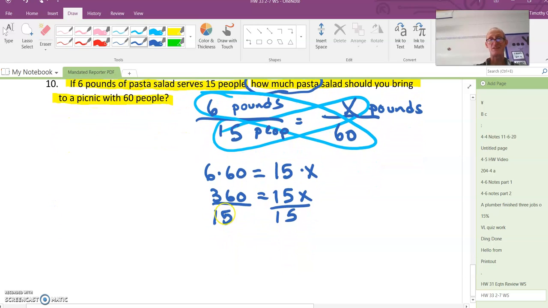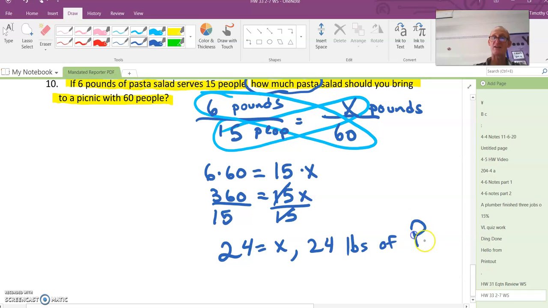All right, and it looks like 24. 360 divided by 15, just to be sure, I believe is 24. Yep, okay, so 24, the 15s cancel, and 24 is equal to x. So it's 24 pounds of pasta, lbs of pasta.